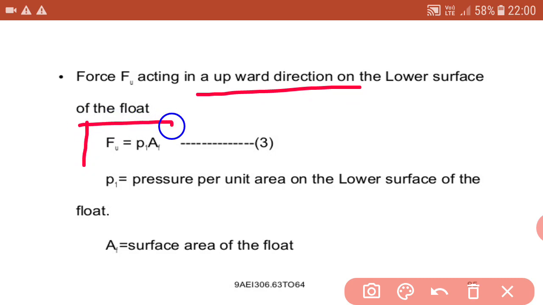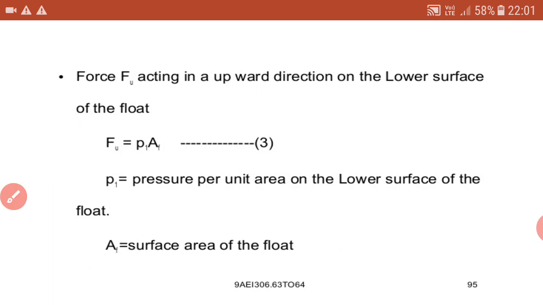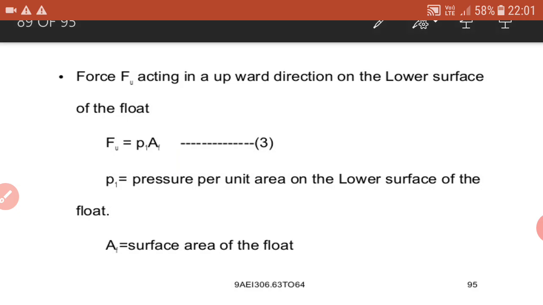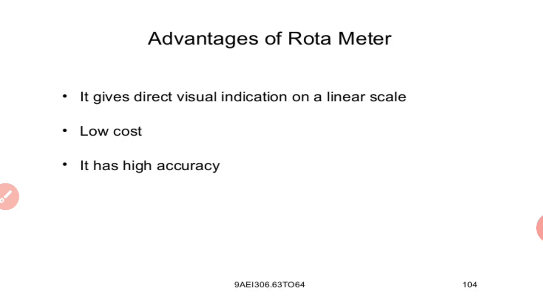Fv = P1 × Af, where P1 is the pressure per unit area on the lower surface of the float and Af is the surface area of the float. These are the equations of the two forces acting above and below the float.